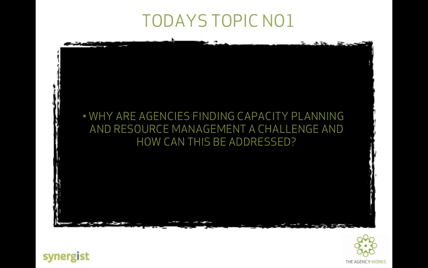The 5 main challenges, due to working with a number of agencies for 20 plus years, are these. Number 1, agencies must know how many hours they have to sell. We're going to be looking at that in just a second. The second one is estimating accurately.